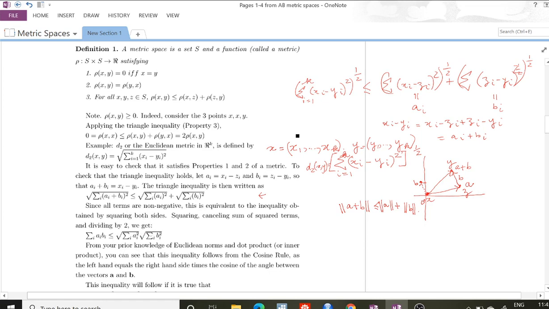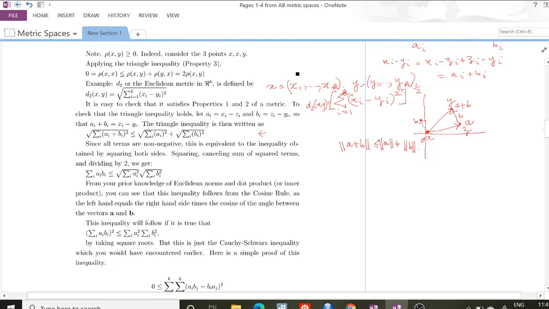So proving that the Euclidean metric satisfies the triangle inequality boils down to proving this inequality here, right? And you can see that this inequality follows from this squared version. So if I square both sides and this squared version of the inequality is true, then I can take square roots and say that this inequality follows, right?